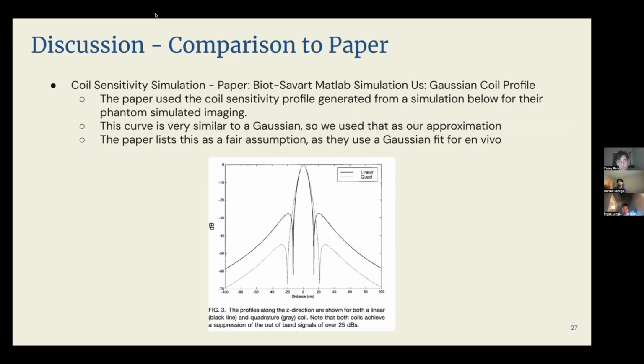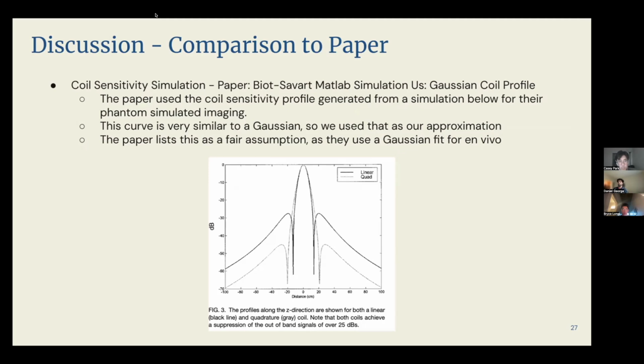And it gave them this graph that they show below. And in our code, we used a Gaussian, which broadly follows the same shape. And one thing to note here is that the y-axis is logarithmic. So a Gaussian is a very fair assumption.